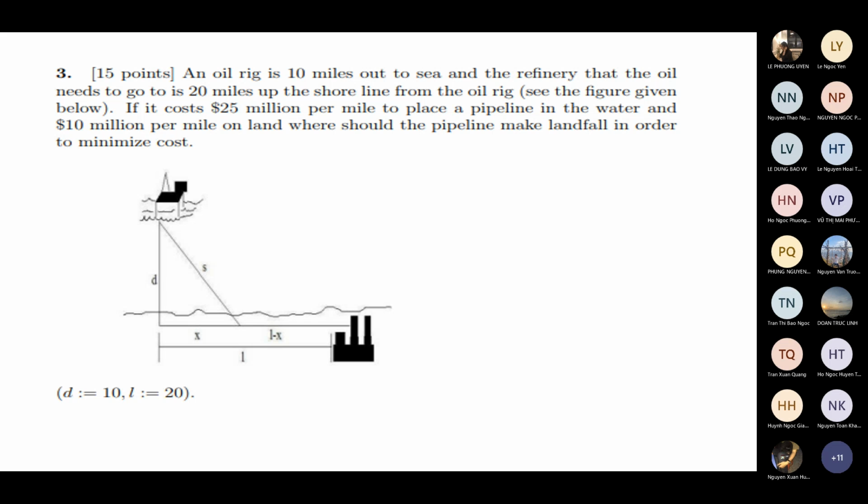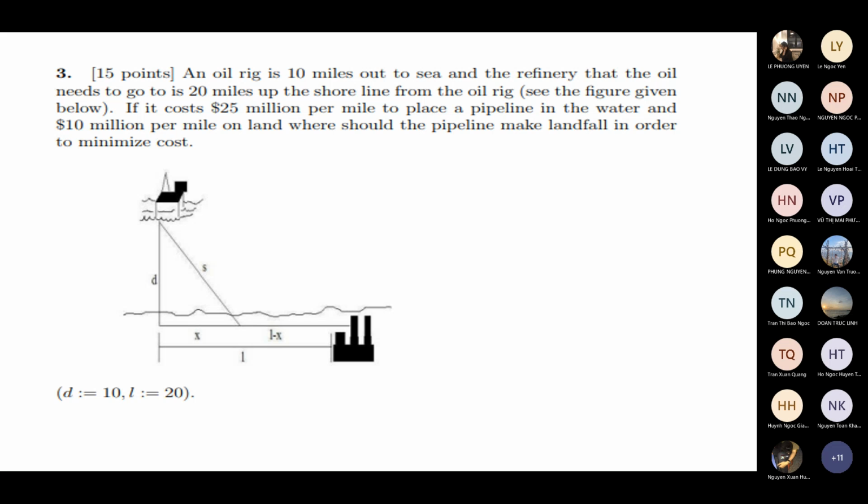The oil rig is 10 miles out at sea and the refinery that the oil needs to go to is 20 miles up the shoreline from the oil rig. Okay. See the figure.